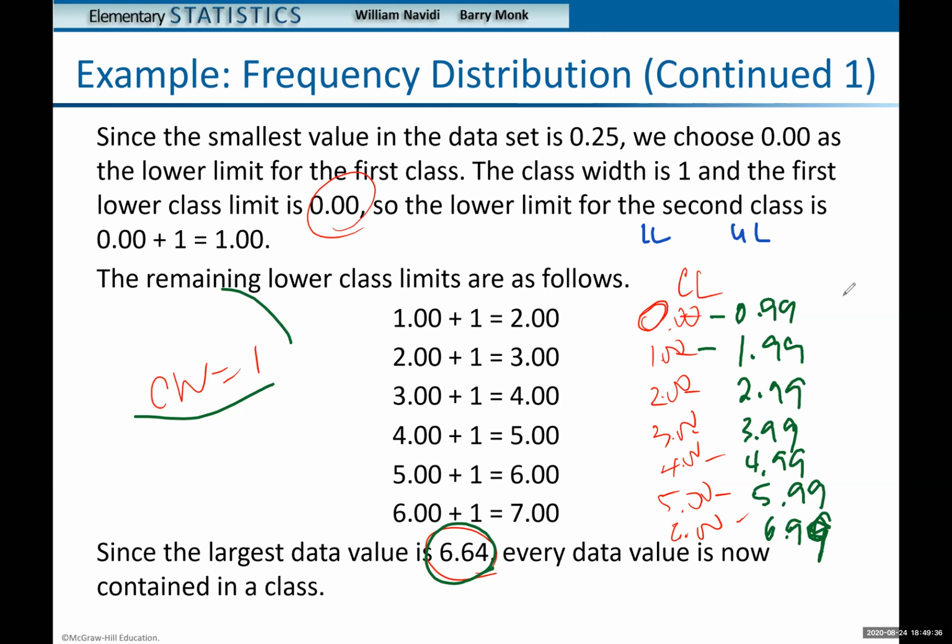Now you have the class limits. Now you'll be able to tally all those 65 numbers, just like what we did for 4 different types of cards. Next is the frequency. How many of those numbers are between 0 and 0.99? How many are between 3 and 3.99, and between 6 and 6.99?